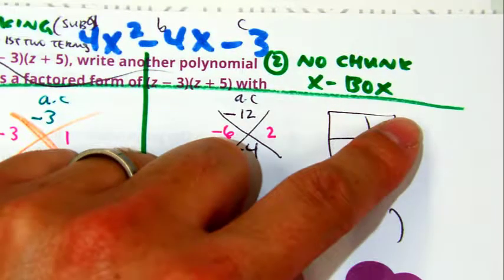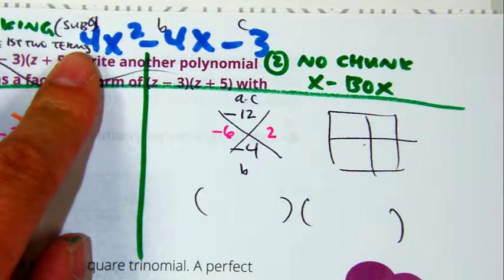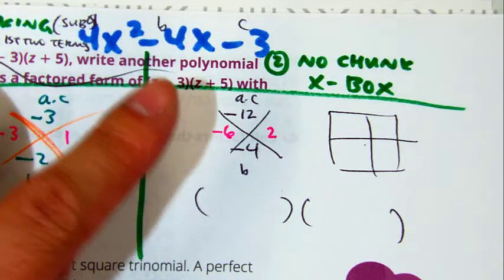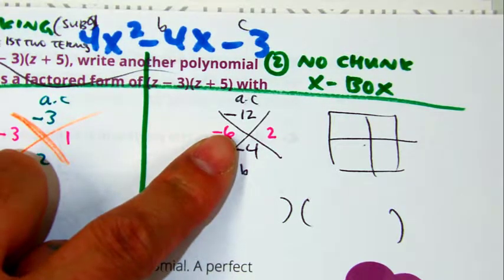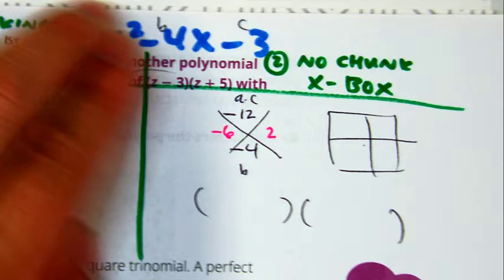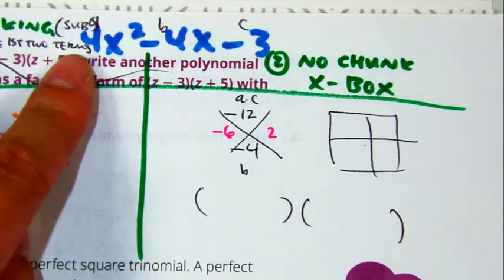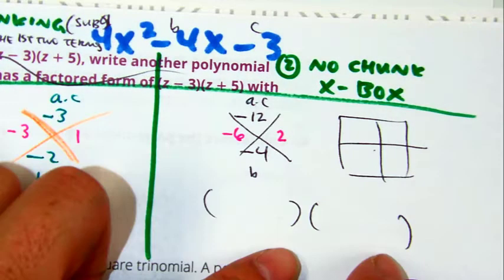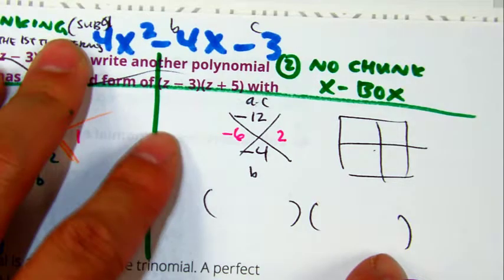The shortcut is when this number is equal to 1, then you just do the X. If you are confused, just keep doing X box. If this is 1, do X box. If this is 10, do X box. Okay? So you cannot go from here to there because in this problem A is greater than 1.